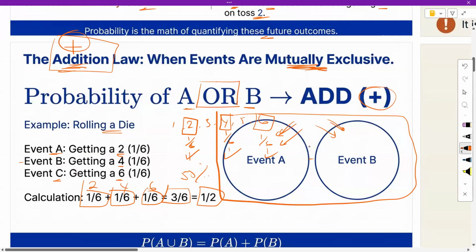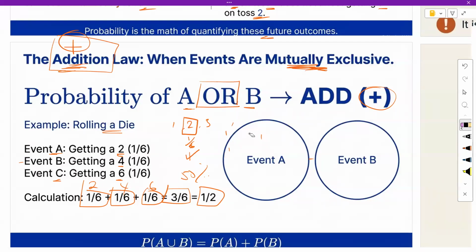When we visualize this in the Venn diagram, you can observe clearly there is no intersection, no overlap. You can see the empty space, no interconnection. So this is how we visualize it in the Venn diagram.